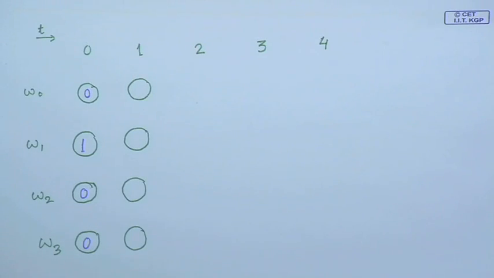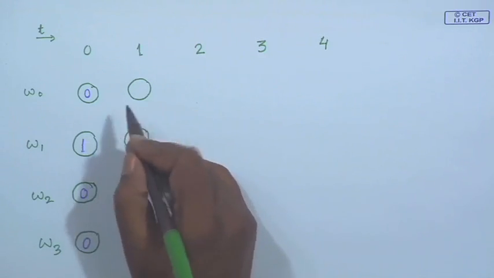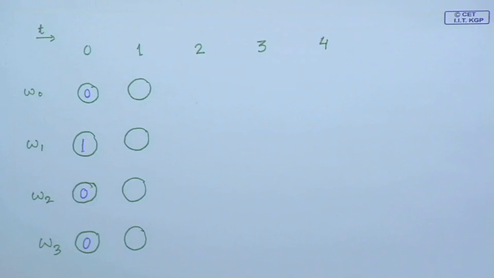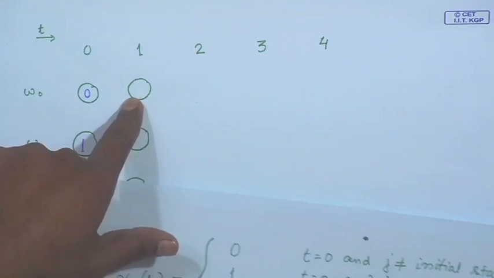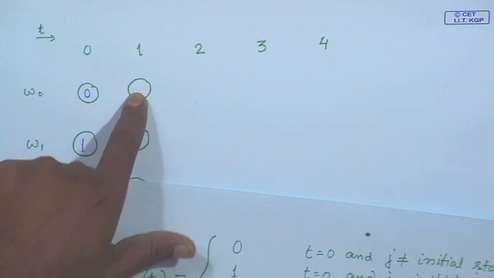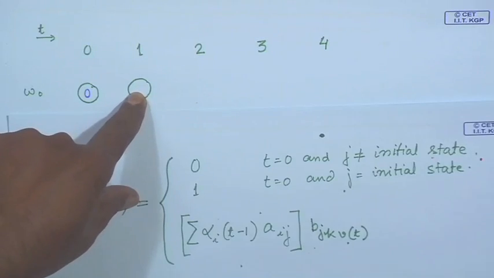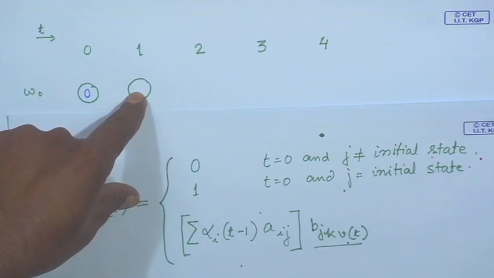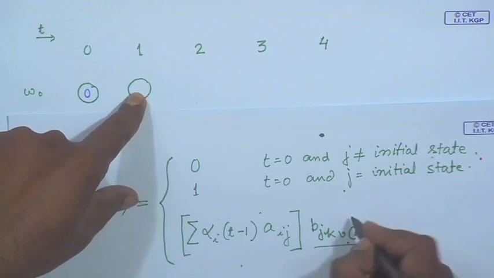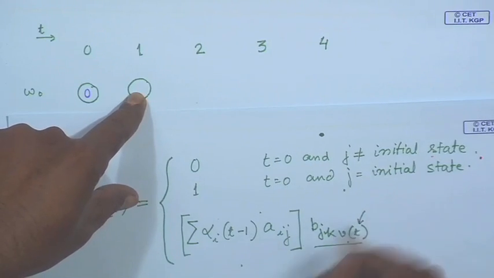If I do this transition, then as we said over here, alpha_1 at time step 0, its value will be given by this expression. And in this expression, I have multiplied by this transition probability, where this transition probability is dictated by V1.